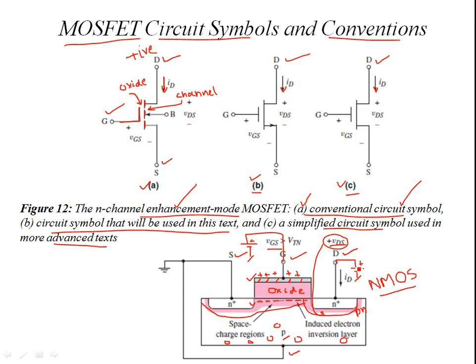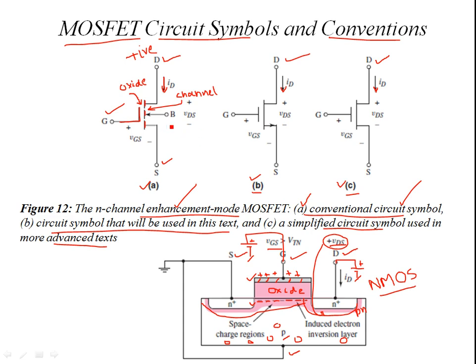Since the conventional current is the other way around, that's how the arrow is shown. The conventional is from drain to source, but actually it's from source to drain. In NMOS, the physical flow of charges is from source to drain, but conventional current is taken the other way around. So that's the direction of the currents in all three circuit symbols.